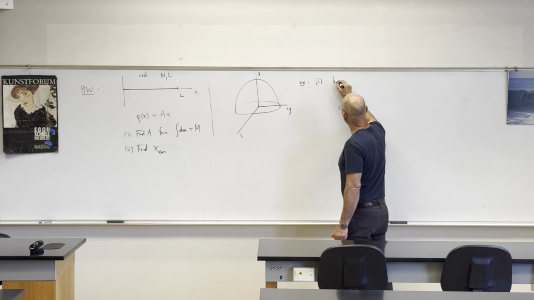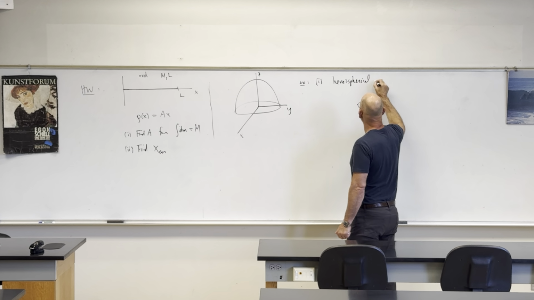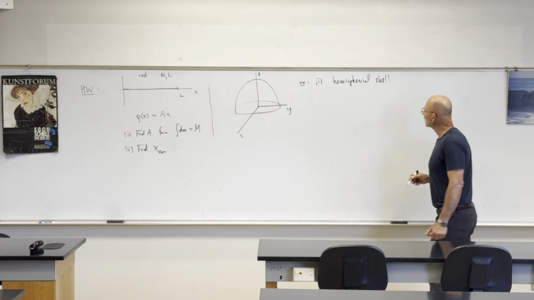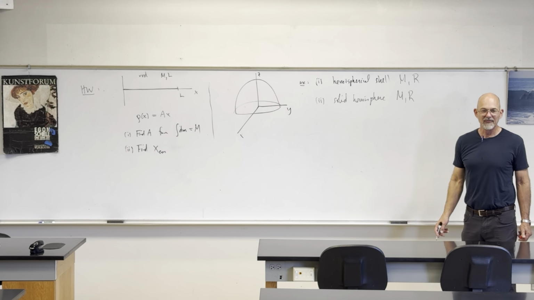So we could have a hemispherical shell. We have a hemispherical shell with total mass M, so uniform mass density. Or we could just have a solid hemisphere. And again, mass M, and so both of these are uniform. Okay, so again, how would we locate the center of mass?